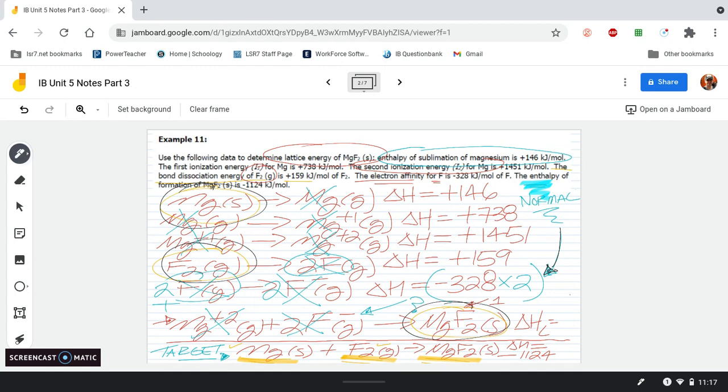your x. If we think about it in math, to solve for x you're going to take the negative 1124 and subtract everything else, and that will give us x.